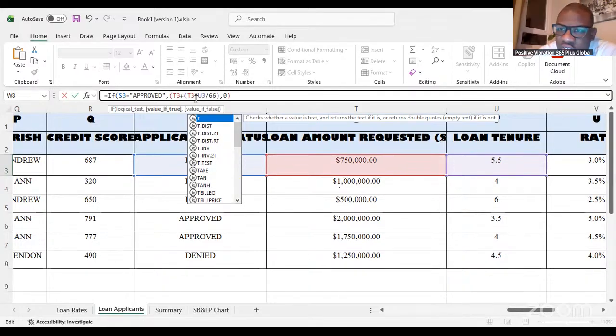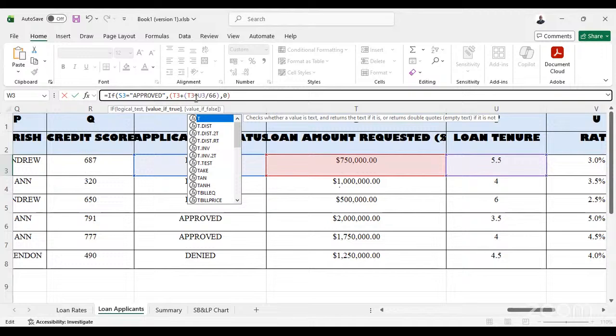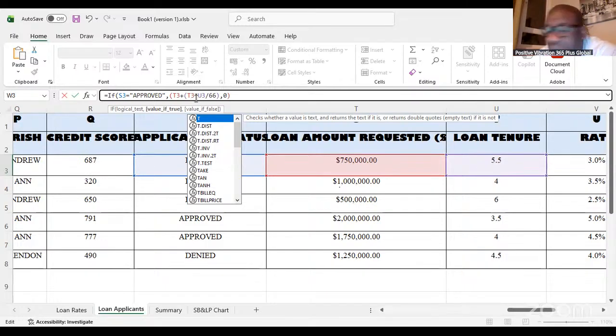All right, so you're following me with the project printout, right? Yes, sir. Right. So let's look at the formula for monthly repayment, because that's what we're trying to figure out. They say it should be the amount requested. According to your file, that is going to be T3. Correct? T3 plus open bracket T3.